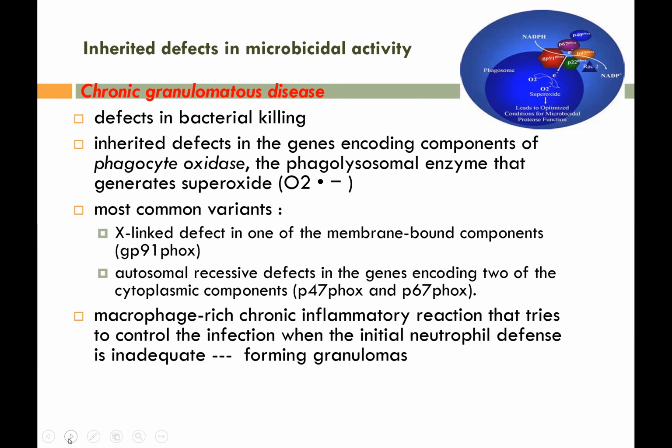The most common variant would be your X-linked defect in one of the membrane-bound components, particularly your glycoproteins. And the other one would be your autosomal recessive, this time for genes encoding your cytoplasmic components.